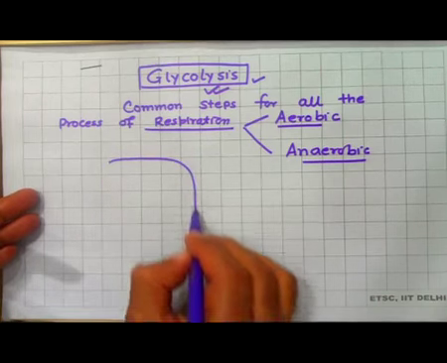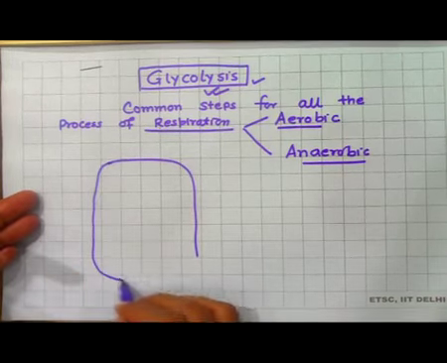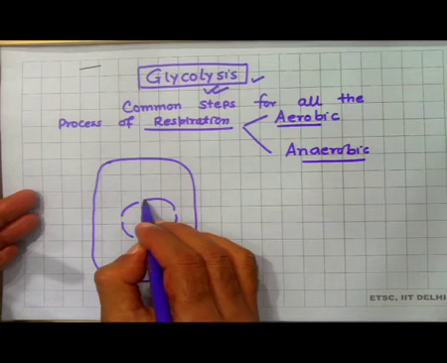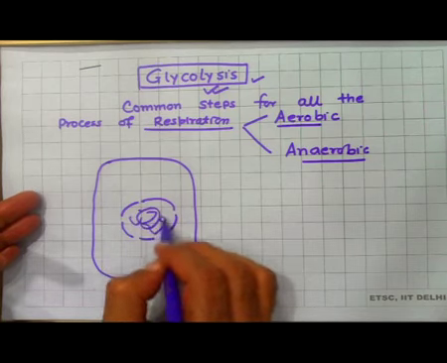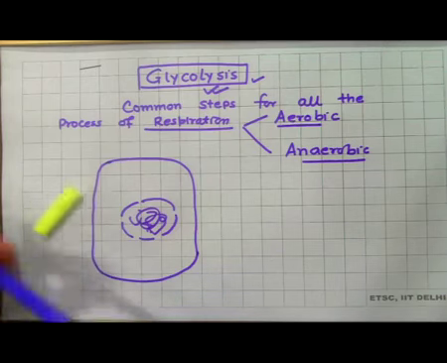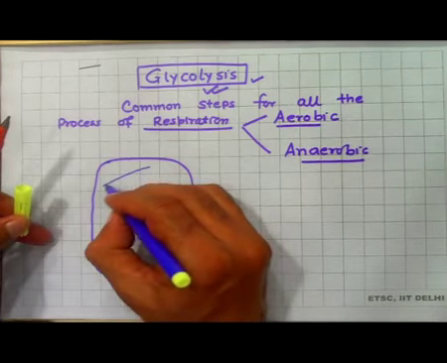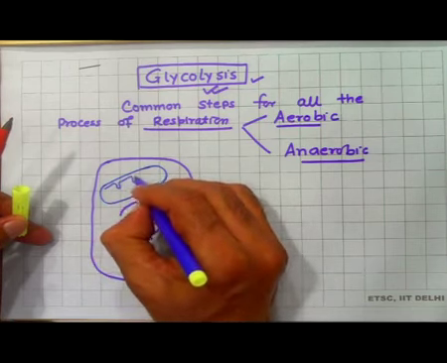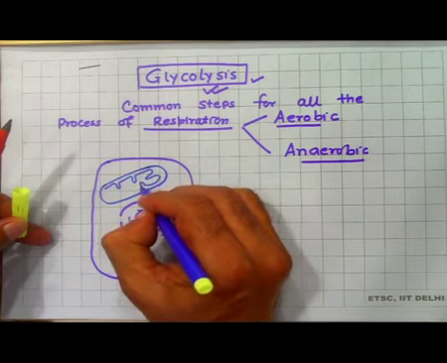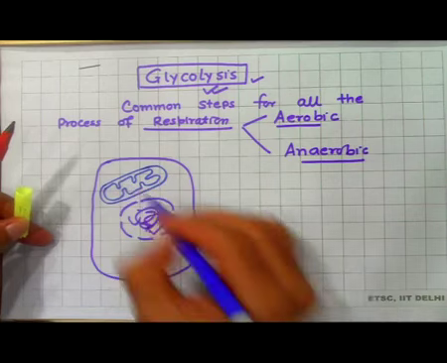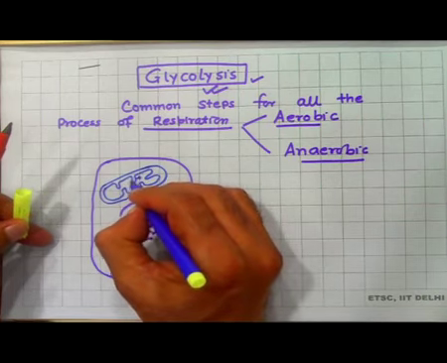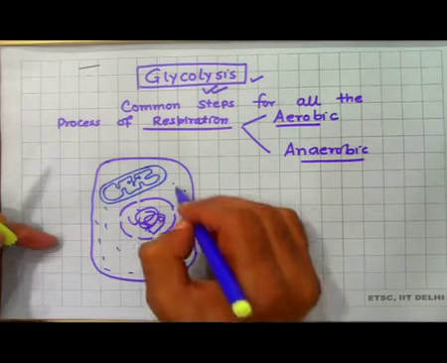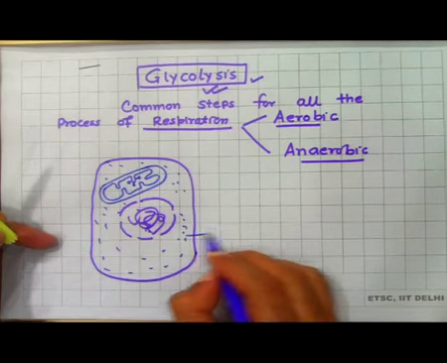Here is the cell, suppose this is the cell. Here is the nucleus, bounded by the nuclear membrane, and here is the mitochondria. The outer wall is smooth, and in mitochondria oxysomes are there. This one is cytoplasm.